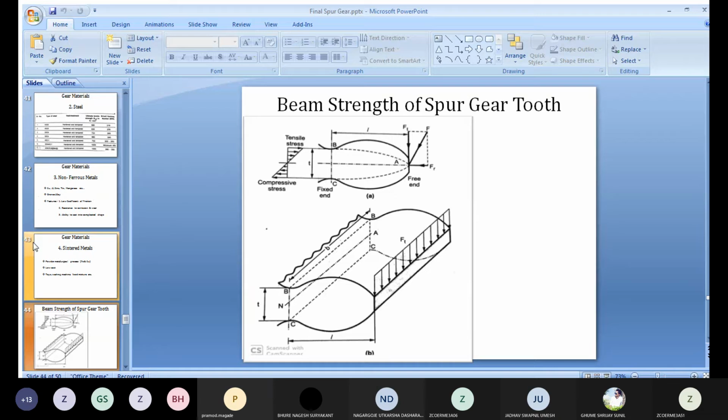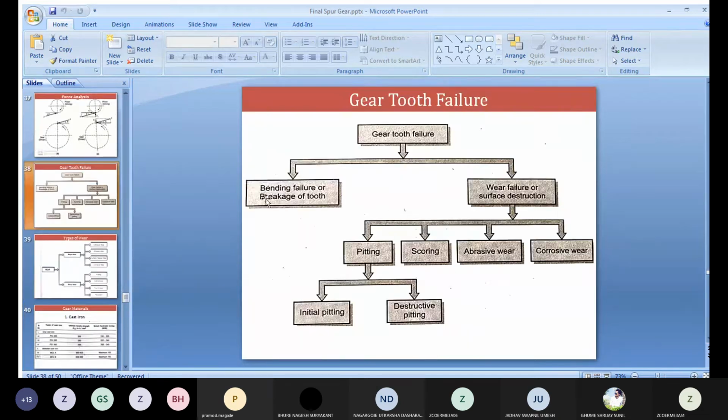That's why in gear tooth failure, the first type is bending failure. It is also called breakage failure or breakage of the tooth. This can occur because of the load applied at the time of working, at the time of meshing between the pinion and the gear. So these are the causes of failure. First one is bending failure.